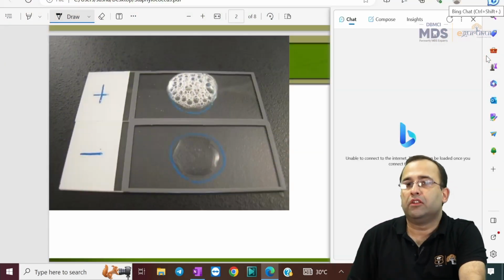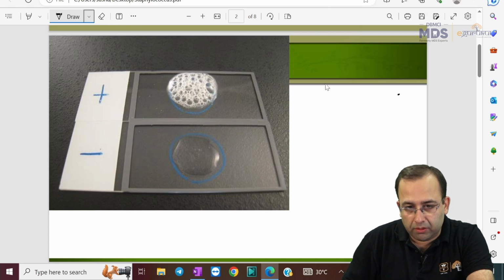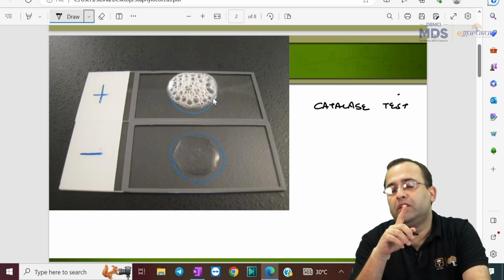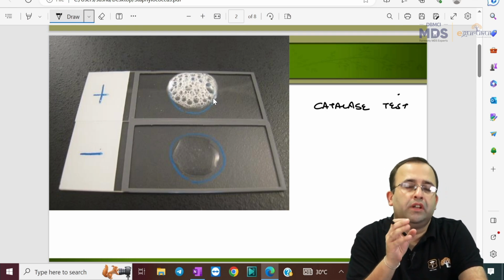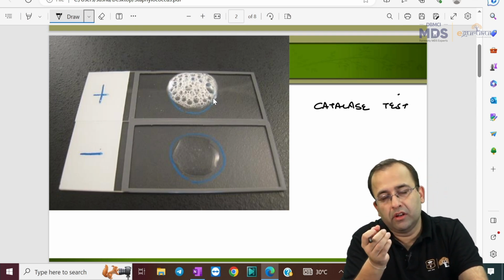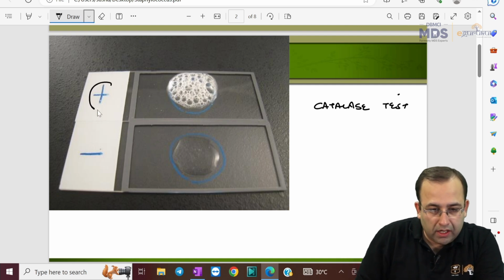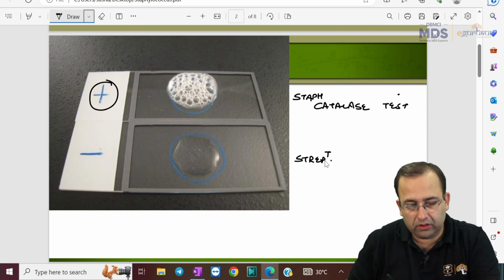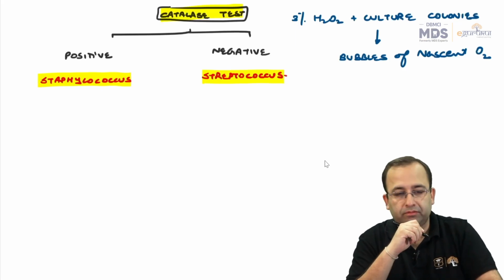See, this is what it looks like. I'll go back to the theory part also, but this is the Catalase test. So Catalase positive, that is staph, versus Catalase negative, that is Streptococcus.